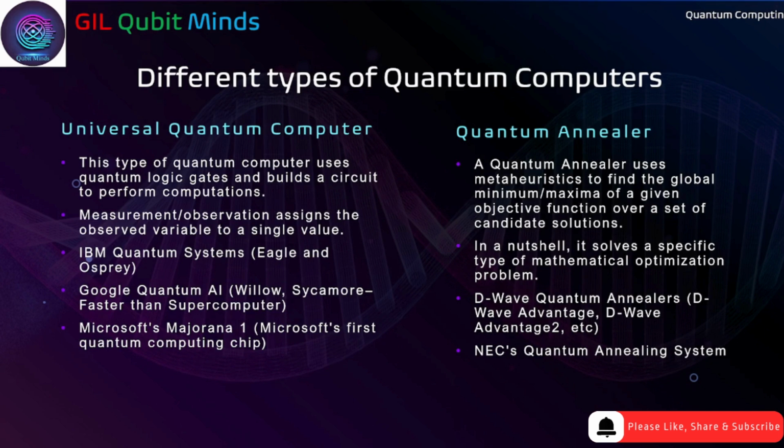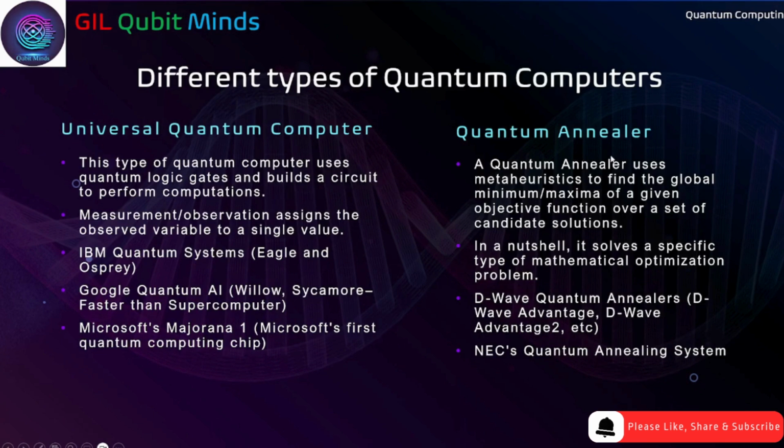Just as in a classical computer we use AND, XOR, NOR gates, here also we are using Pauli X gate, Pauli Y, Z gate, all those things. We'll see it in later videos. With the help of these quantum logic gates, we are building a circuit. We'll see it in IBM Cloud as well, how to build a circuit to perform the computation.